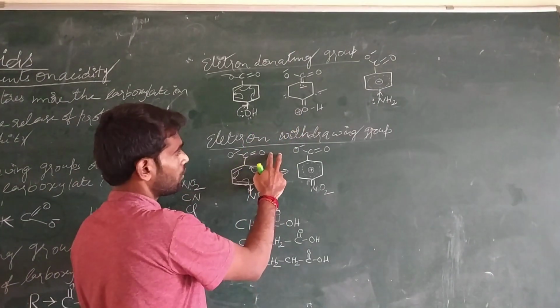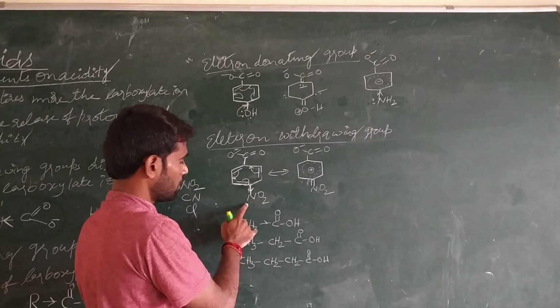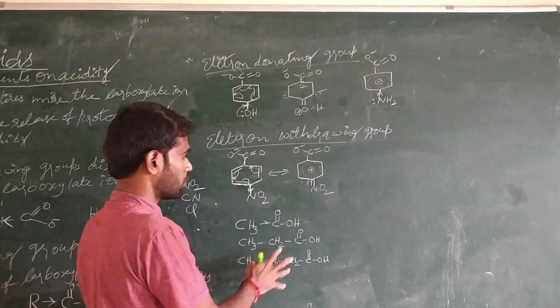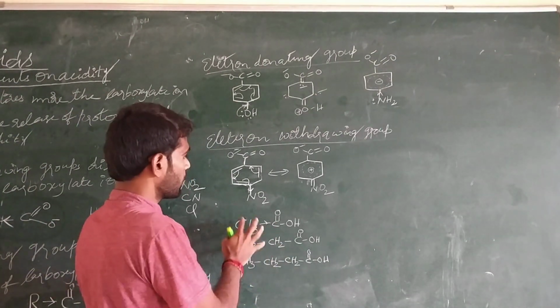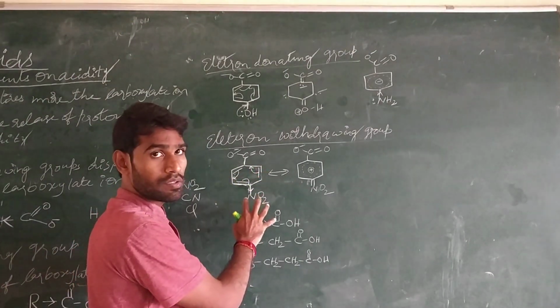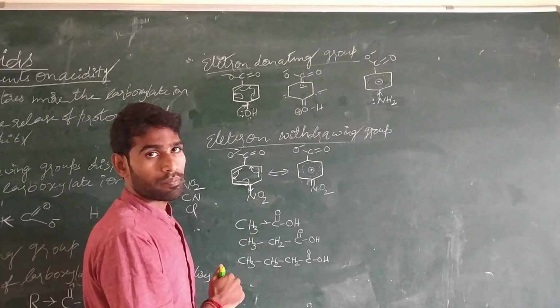And in case of electron withdrawing groups, for example NO2 group or chlorine or any electronegative functional groups, they are withdrawing the electrons, and they are decreasing the density of electrons on the oxygen atom.